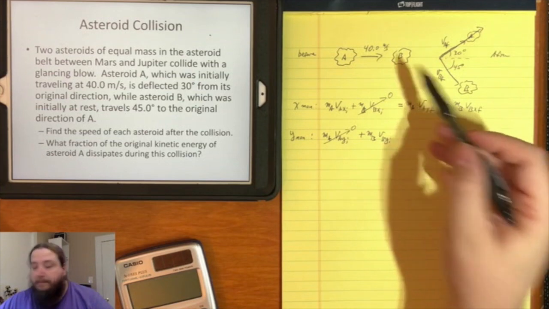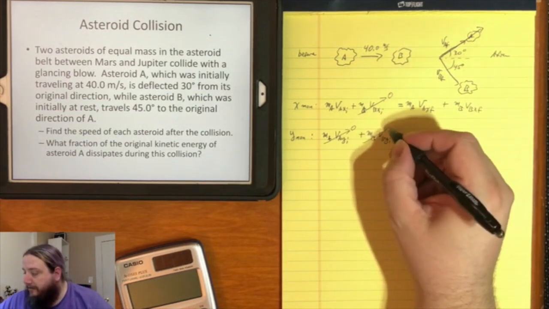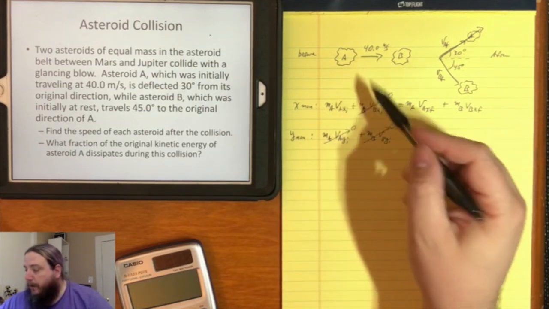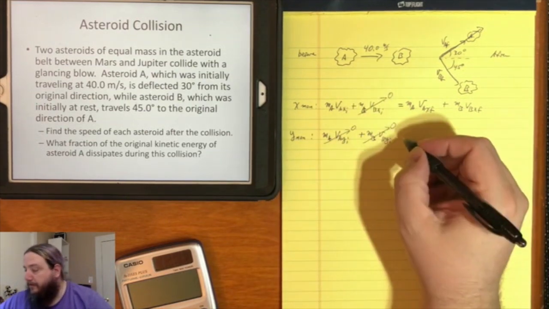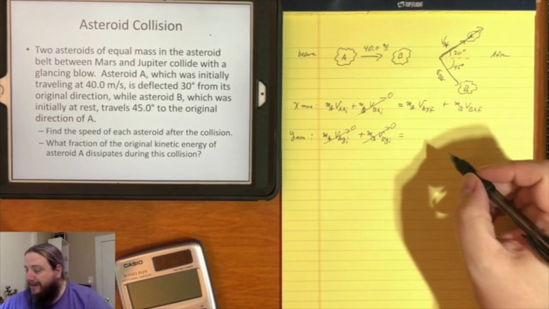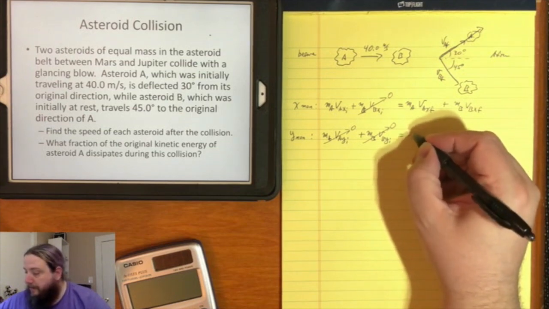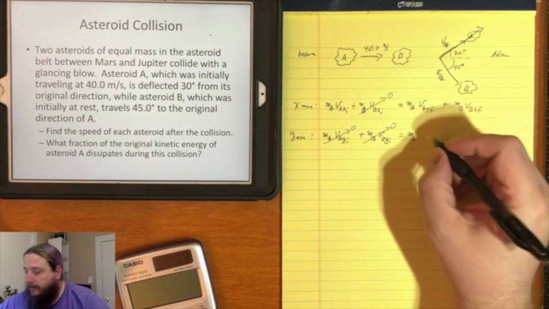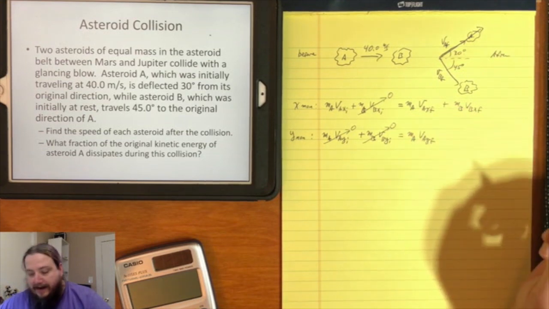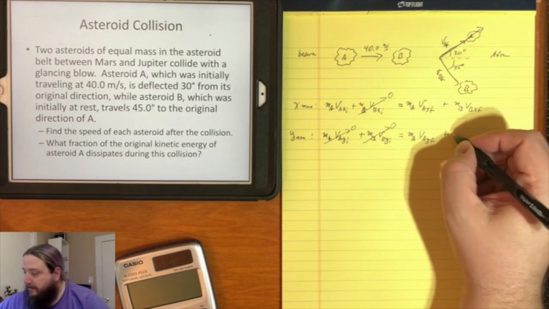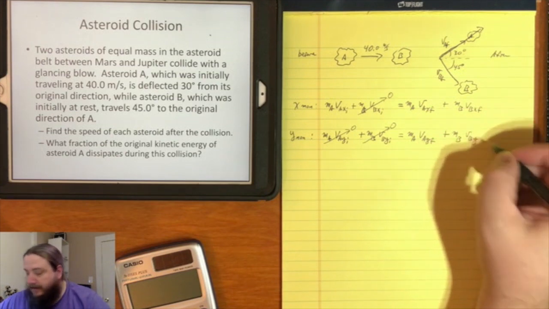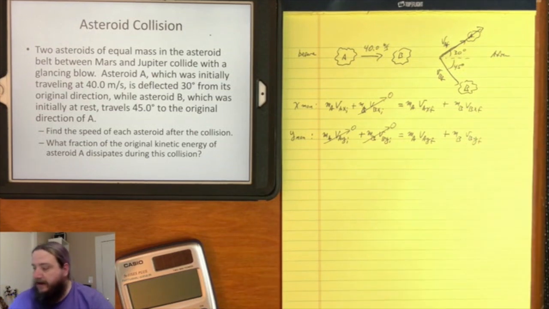And asteroid B didn't have any velocity at all initially, so that term is 0. So the total y component of momentum was 0 to begin with. And so the y component of momentum afterwards must also be 0. That is, mass of A times the velocity of A in the y direction afterward plus mass of B times the velocity of B in the y direction afterward.